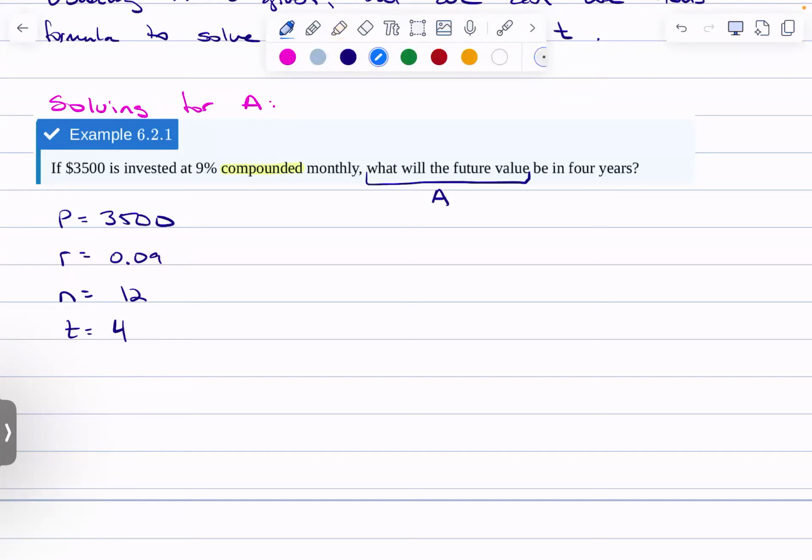For compound interest, I use A equals P times 1 plus R over N, to the power of N times T. Make sure that you simplify your R over N before you add it to 1. You have to do your division before you can do your addition, and also simplify N times T. It just makes it a little bit cleaner.